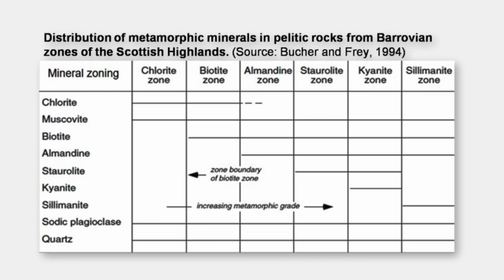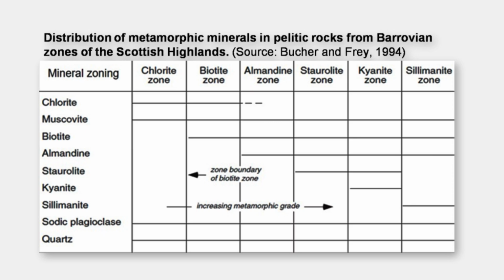The distribution of metamorphic minerals in pelitic rocks from Barrovian zones of the Scottish Highlands is as follows. Mineral zoning: chlorite exists in the chlorite zone and biotite zone. Muscovite exists in almost all the zones, right from the chlorite zone to the sillimanite zone. Then biotite, except the chlorite zone, exists in all other zones.